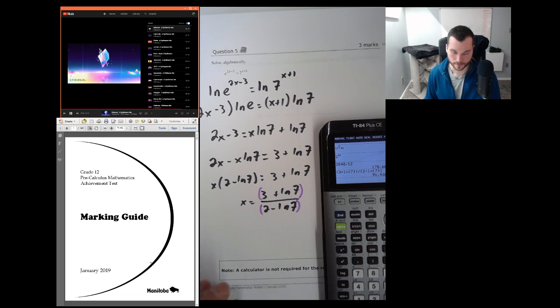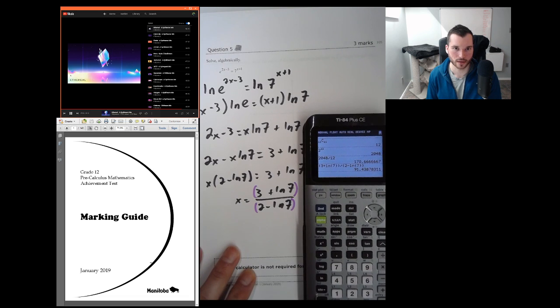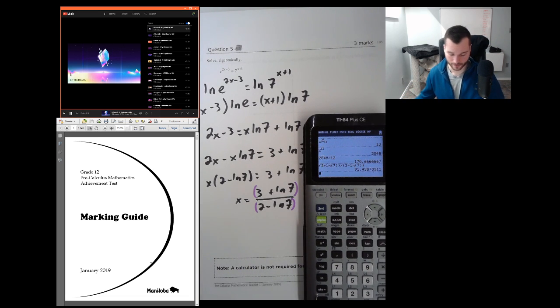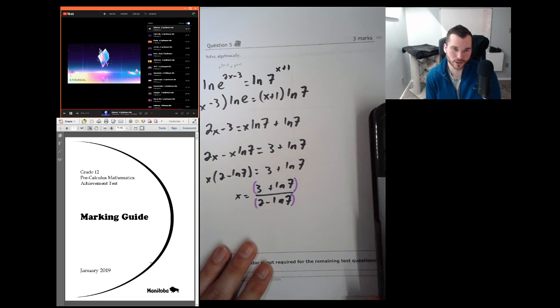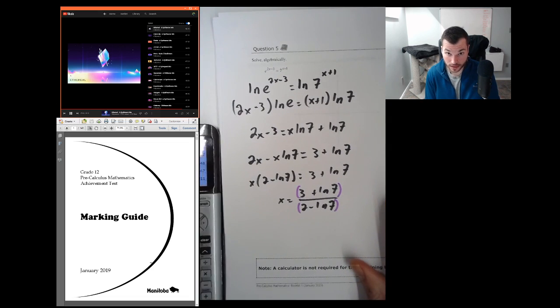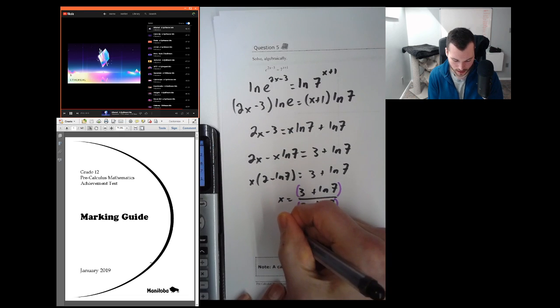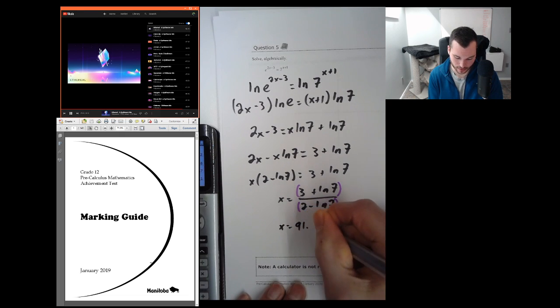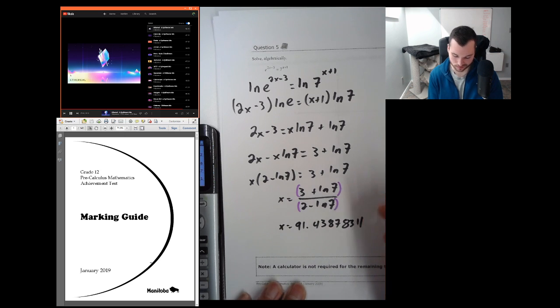And we're going to push equals. So we got our answer there, 91 point, all the decimals there. We need 3 decimal places minimum for this question. I always just give more because you're never wrong to give more. So I'm going to say that x is equal to 91.438783111.